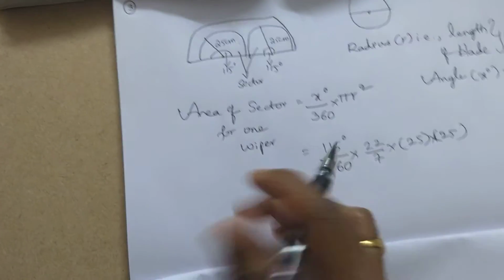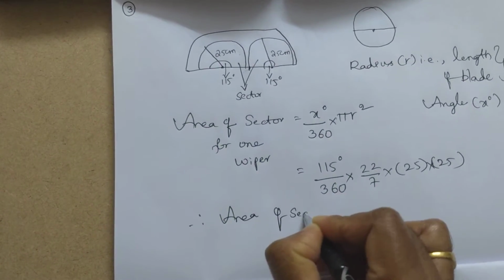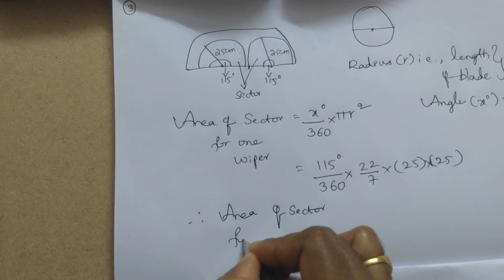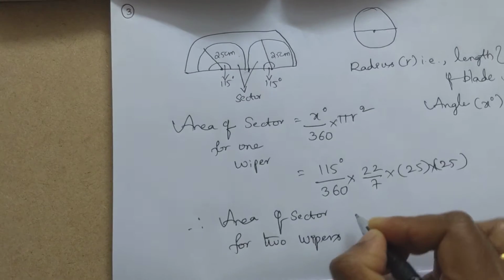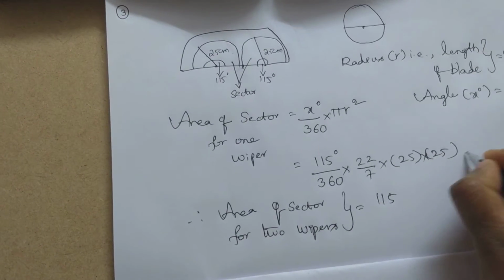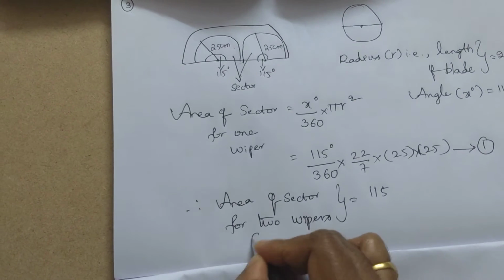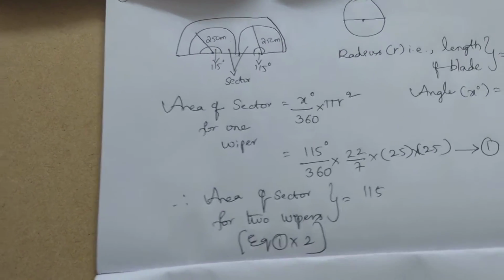It means you need to find it for two wipers. Therefore, area of sector for two wipers equals this into 2. Put this as equation 1, so equation 1 into 2, that's it.